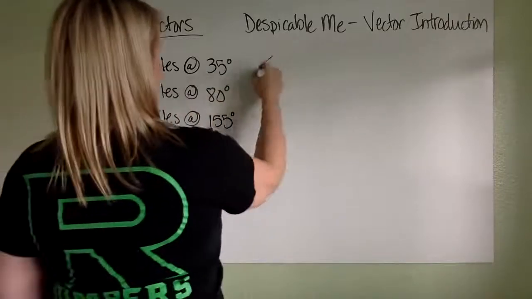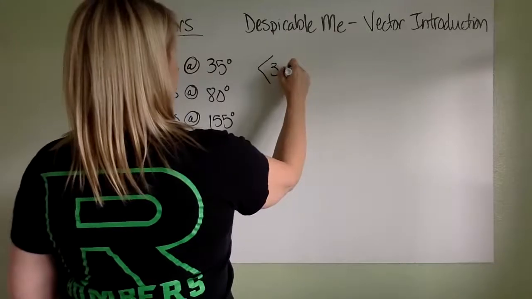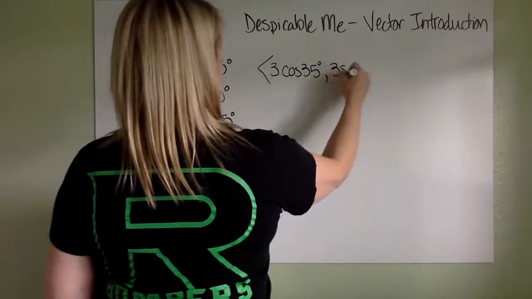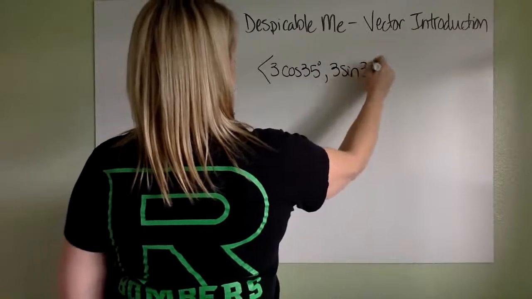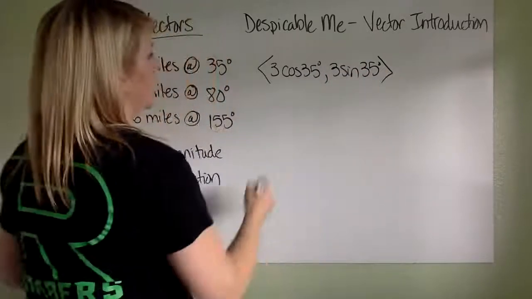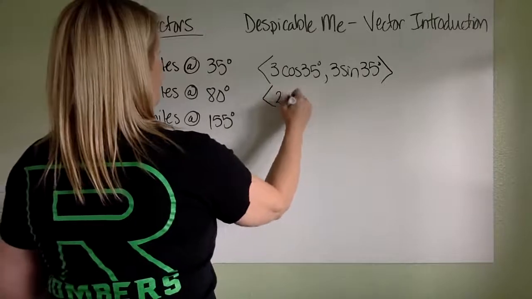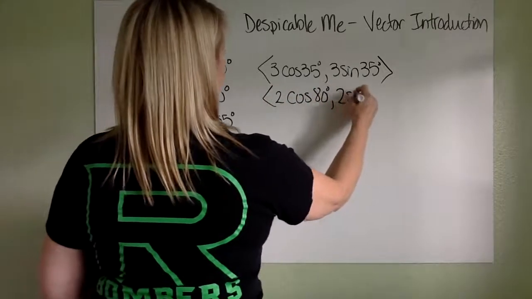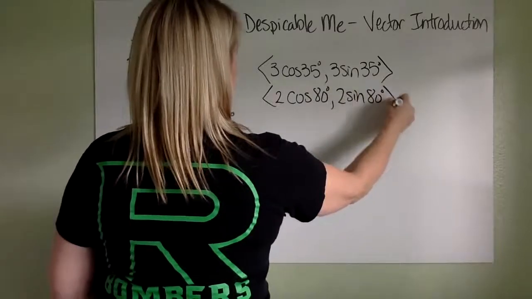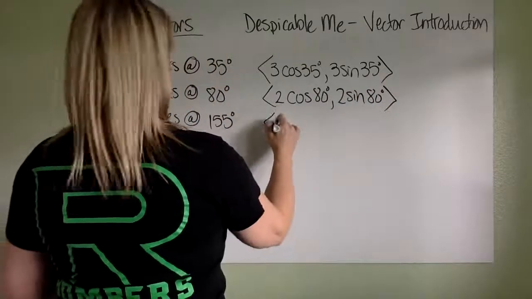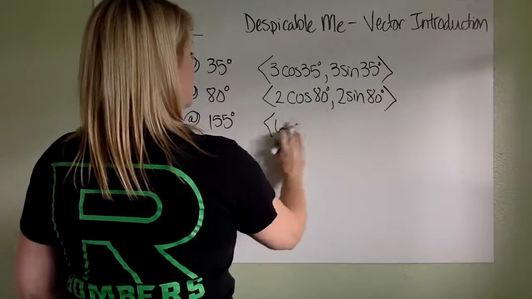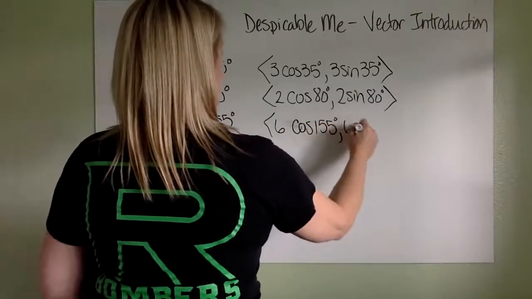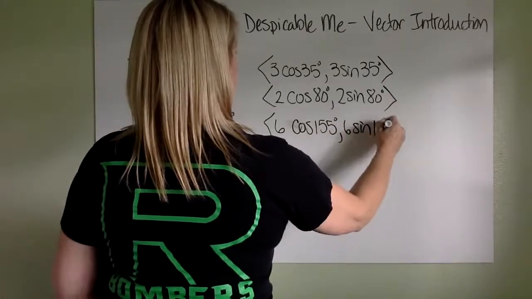So this is just distance cosine direction angle, distance sine direction angle. 2 cosine 80 degrees, 2 sine 80 degrees, 6 cosine 155, 6 sine 155.